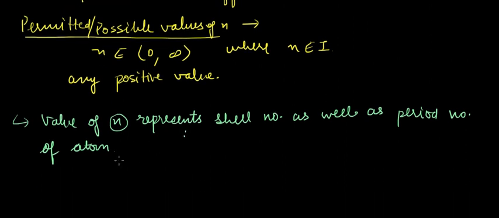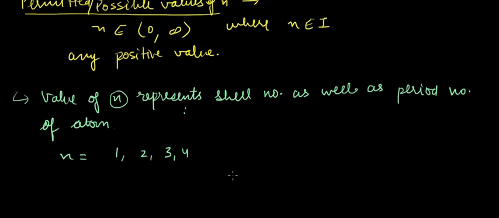So let's say n was 1, 2, 3, 4. Okay, so shell under consideration would be K, L, M and N.